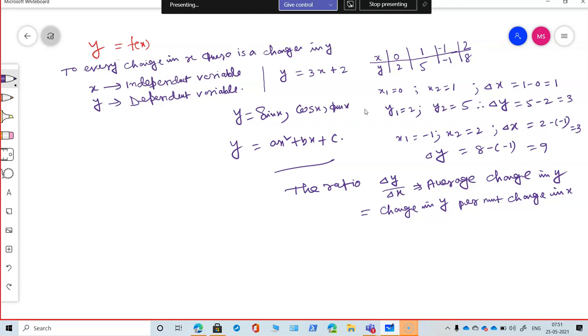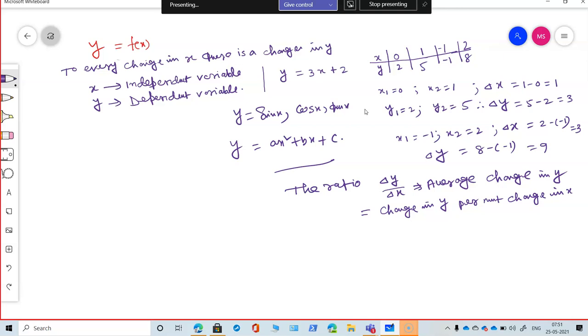Now, in the beginning I told you, basically we are going to discuss the change in y due to a small change in x. So if there is a very small change in x, due to this small change the change in y will be referred to as instantaneous change.